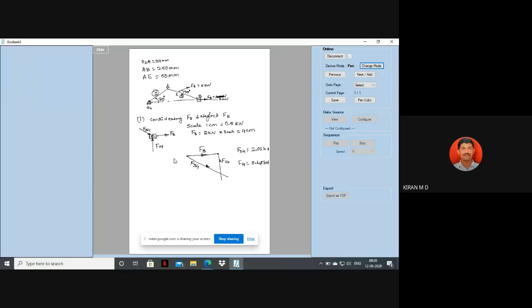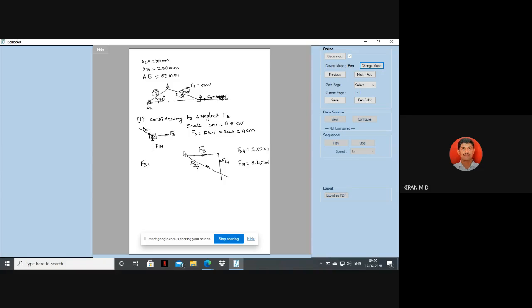Now I will use these values. We got the F34 value, means the force from the third link on link 4.